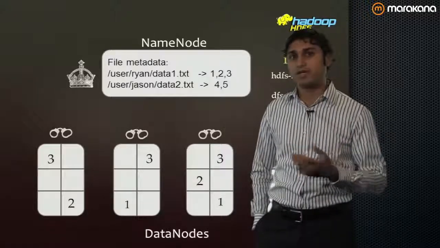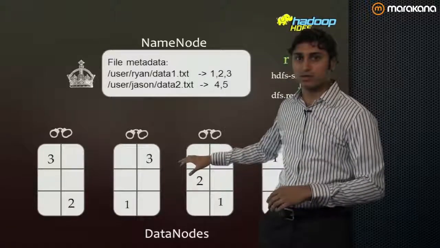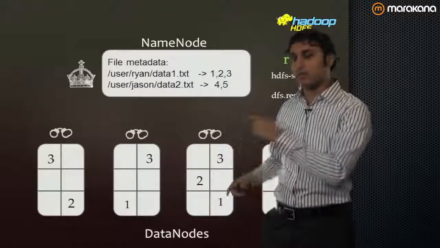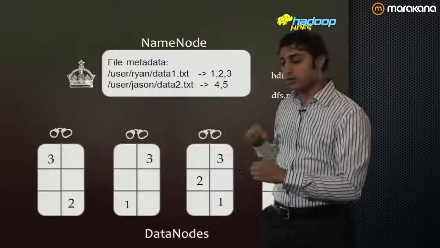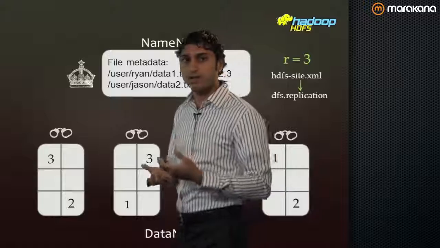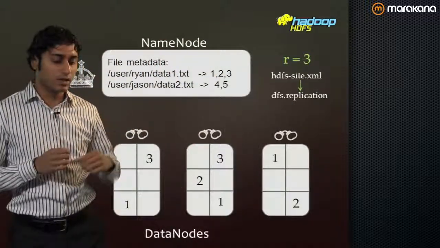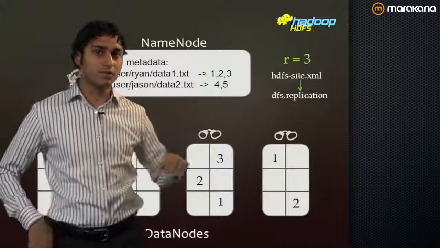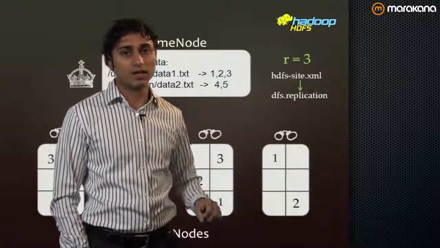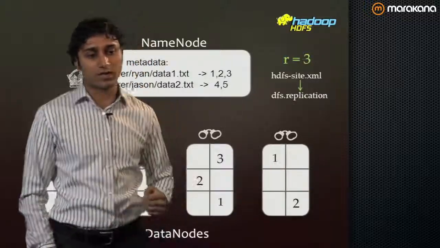And after 10 minutes, the name node will consider that data node to be dead. And then whatever blocks were on that data node will get respawned so that the replica count 3 is achieved. The other blocks will get respawned from the other 2 remaining data nodes that should have a replica of that.